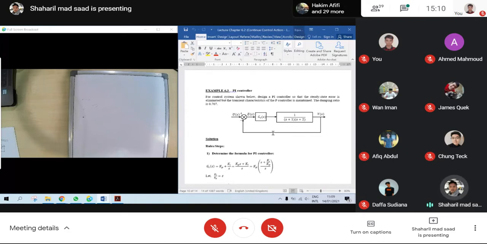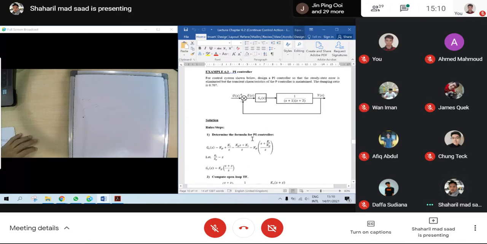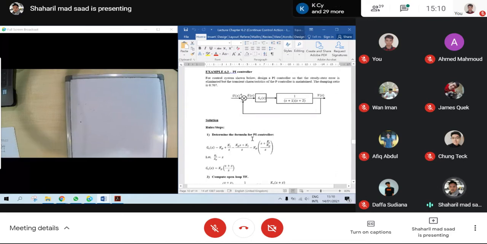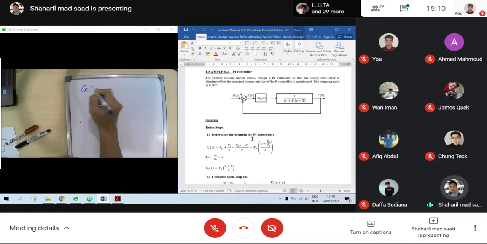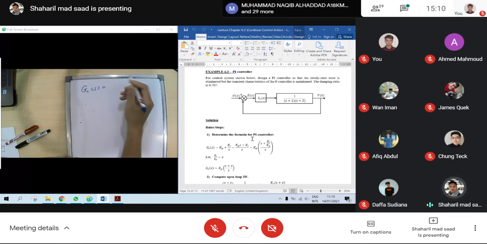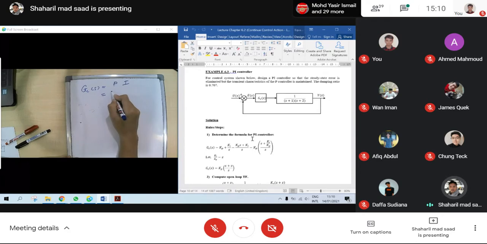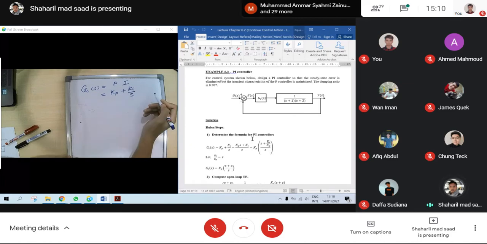We know that when we apply the integral, we can eliminate the steady state error, but the transient characteristic of the P controller is maintained, and the damping ratio is equal to 0.707. Okay, if you look into the block diagram there, you have the gain controller here. Now you apply P and I here, that means P is Kp and I is Ki over s here.